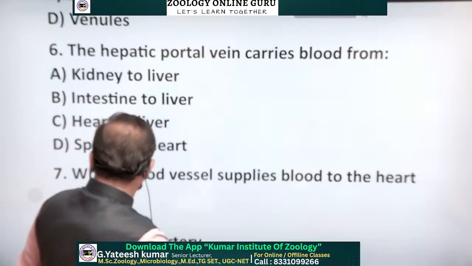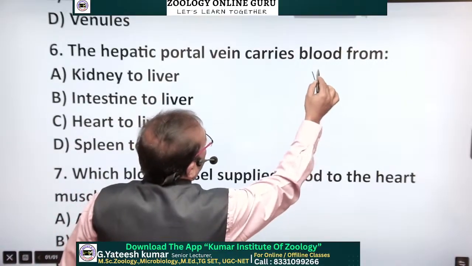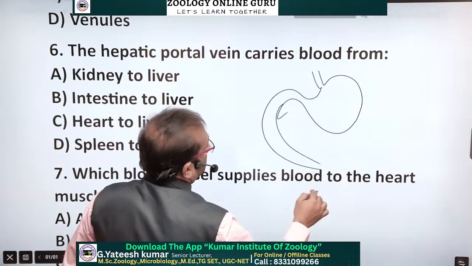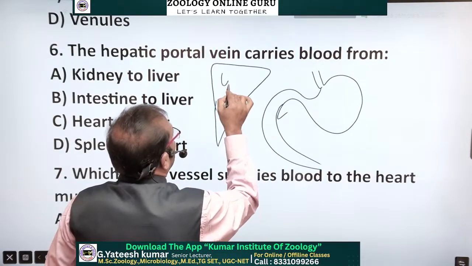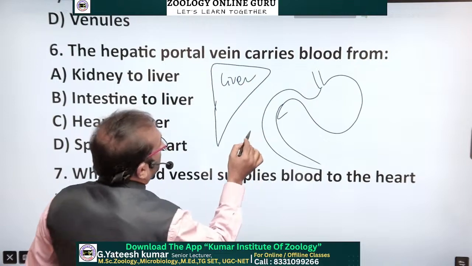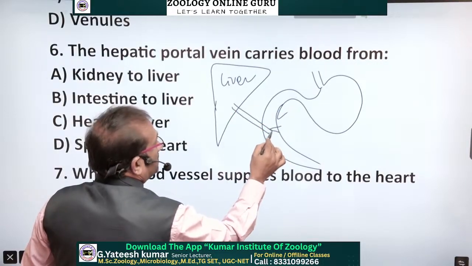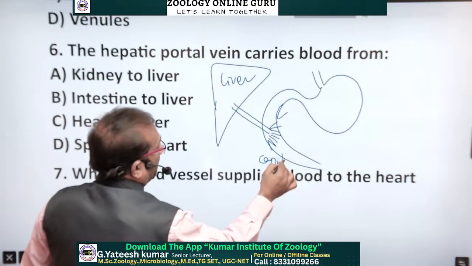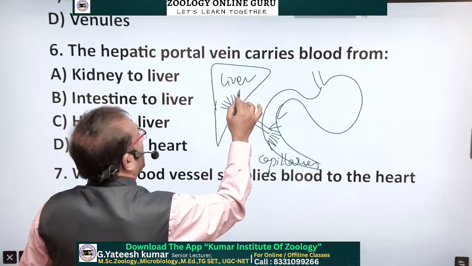Portal system means, in our body, suppose you take the stomach and small intestine like this, and here the liver. A blood vessel starting with capillaries and ending with capillaries.